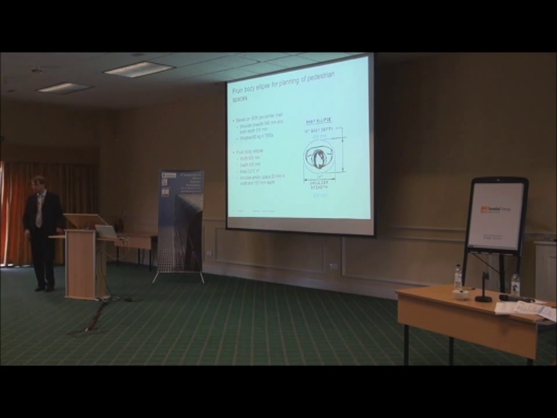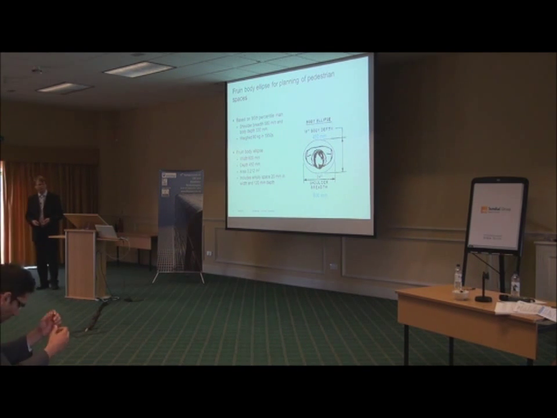So John KONE introduced in the 1970s the body ellipse concept, which was based on a 95th percentile male at that time. And such a person used to weigh 90 kilos.